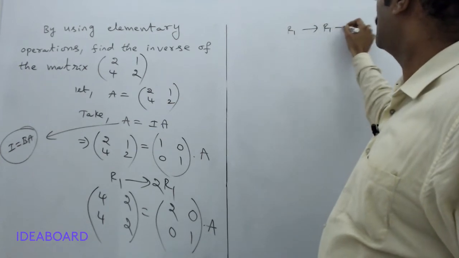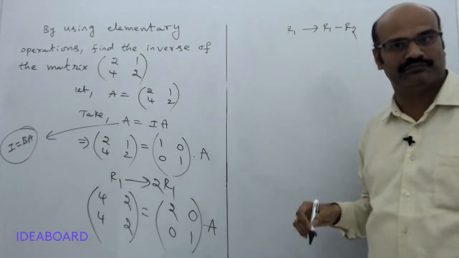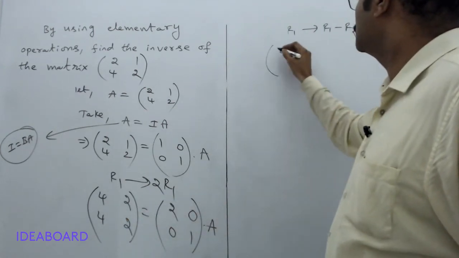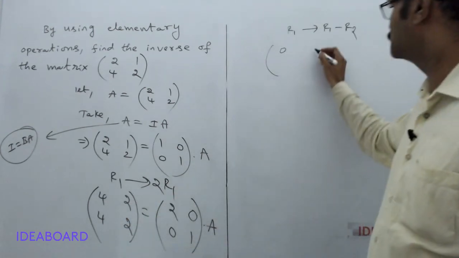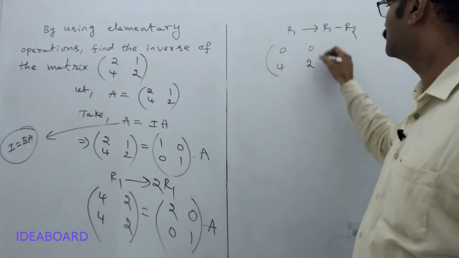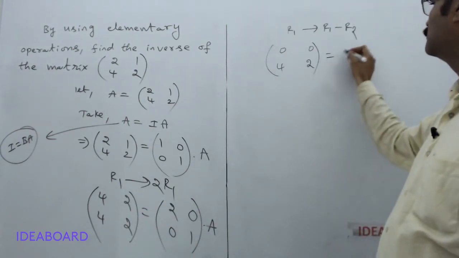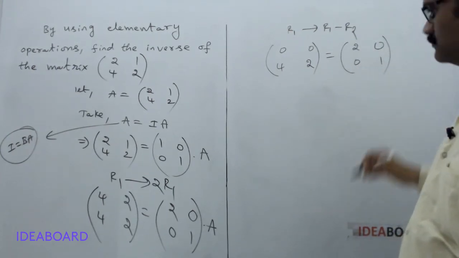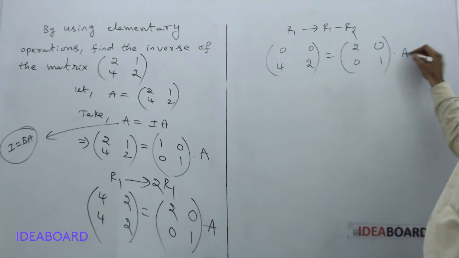Therefore 4 minus 4, 0, 2 minus 2, 0, 4, 2 equal to 2, 0, 0, 1 into A.